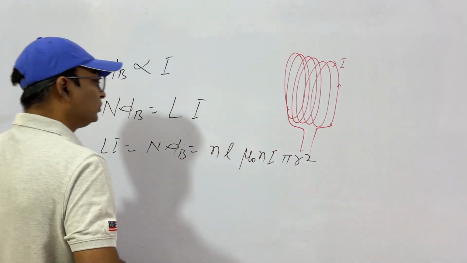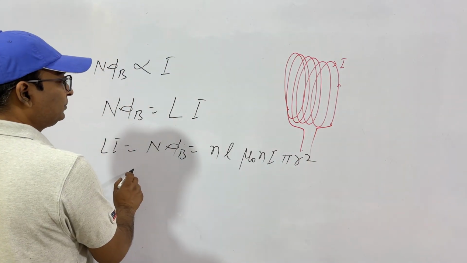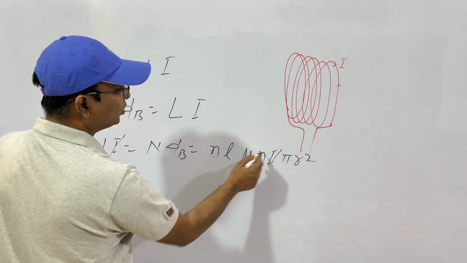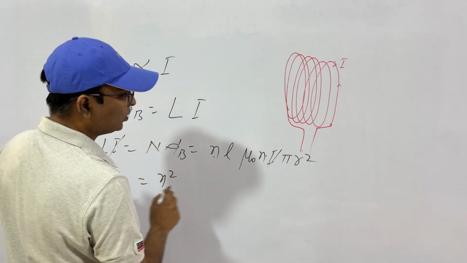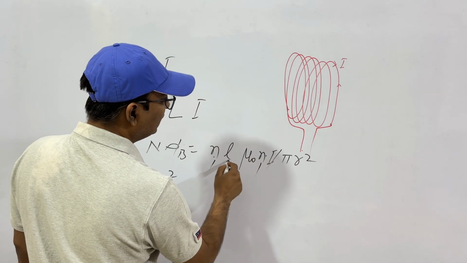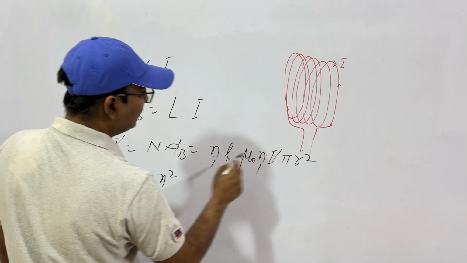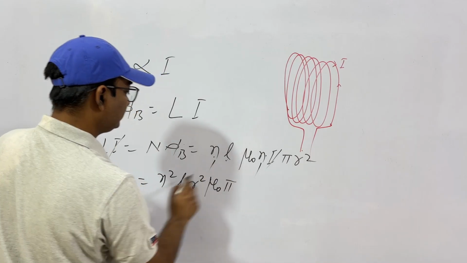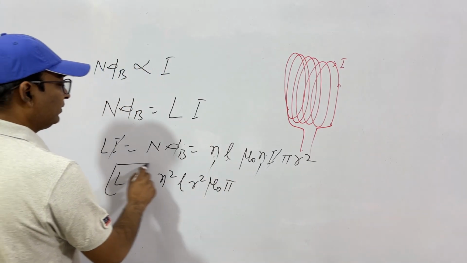I gets cancelled. So L is n square, then you have l, r square, mu 0 pi. This is self-inductance.